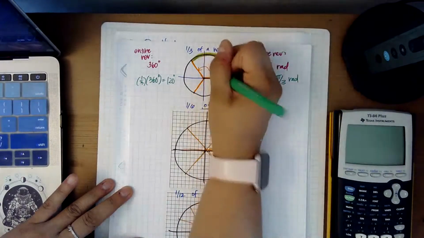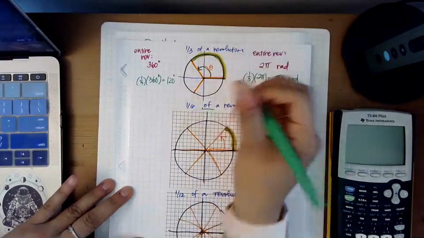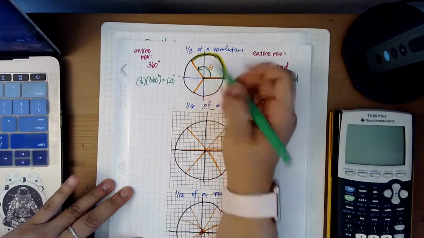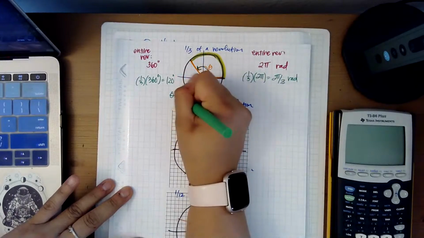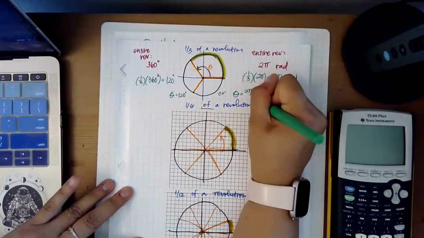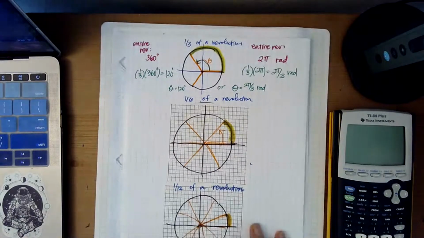So I know that this theta right here is 120 degrees. Think about it: 90 plus 30 gives me 120. So theta is equal to 120 degrees, or theta is equal to 2 pi over 3 rad. You need to understand this really well, okay?